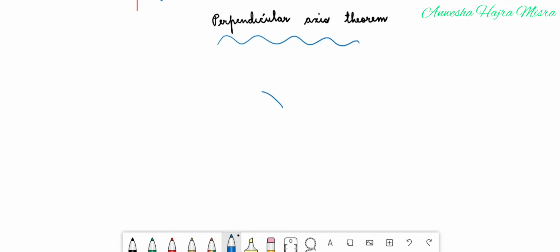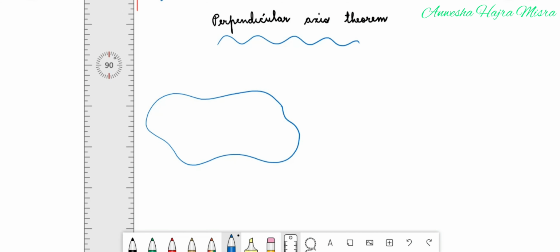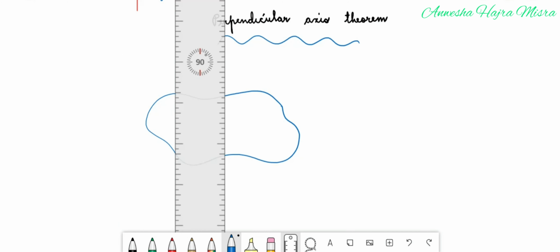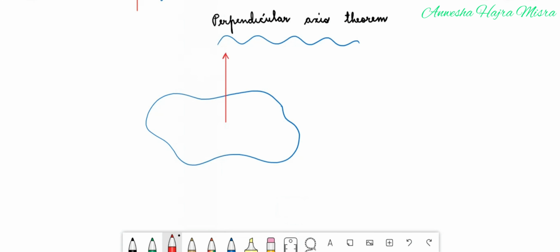Say this is a body, a lamina. This is my z-axis. Say this is my y-axis, and this is my x-axis.